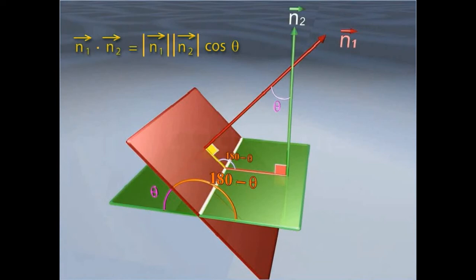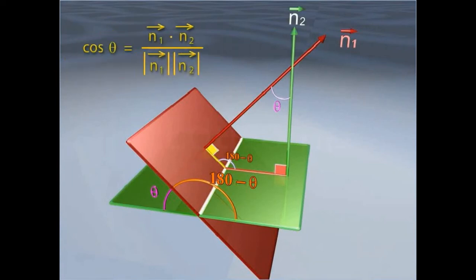This further implies that theta is equal to cosine inverse of the modulus of the dot product of vectors n1 and n2 upon the magnitude of vector n1 into the magnitude of vector n2 whole.